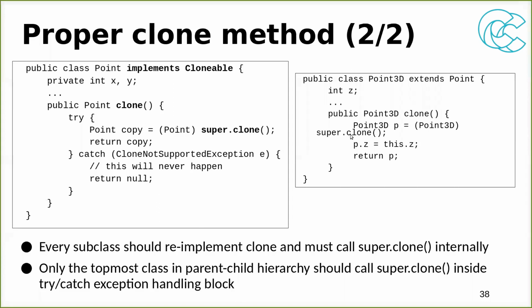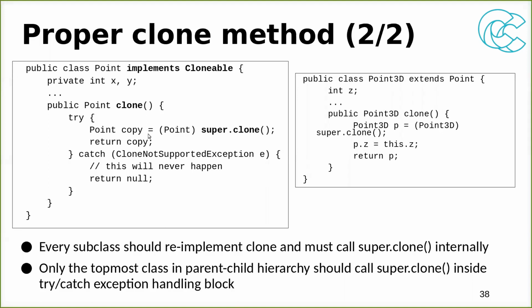In a subclass you don't need to use try and catch, because it's only the Object class that checks whether Point, for example, has implemented Cloneable or not. No other parent would be checking it.